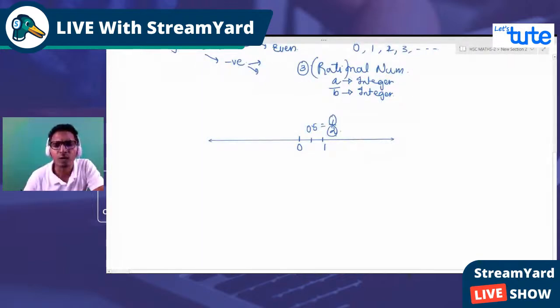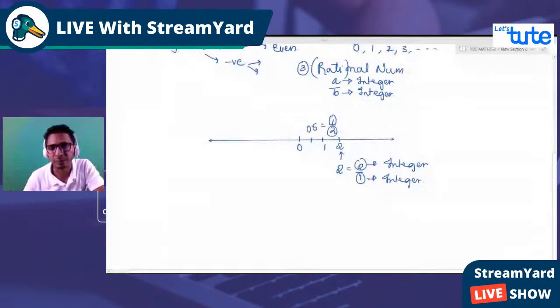But what about the integers? Aren't they rational numbers? Let us check. If I'm talking about 2, this 2 can be written as 2 by 1, correct? Yes, we can write that. 2 is an integer, and this 1 is also an integer. What was the definition?